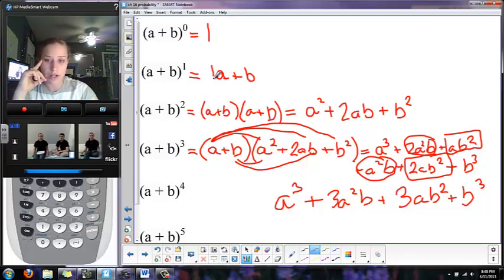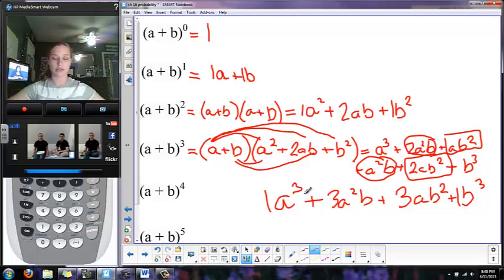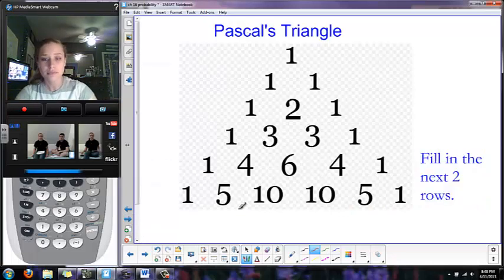Then we have 1a and 1b. Then we have 1a squared, 2ab, and 1b squared. Then we have 1a cubed, 3a squared b, 3ab squared, plus 1b cubed. What we're beginning to see is a pattern in the coefficients in front of those terms, and that pattern is what we call Pascal's triangle.